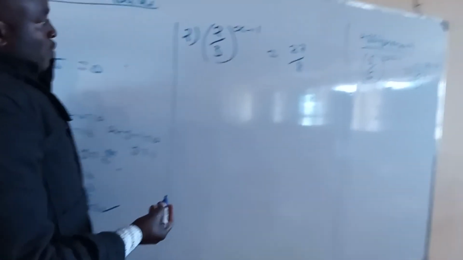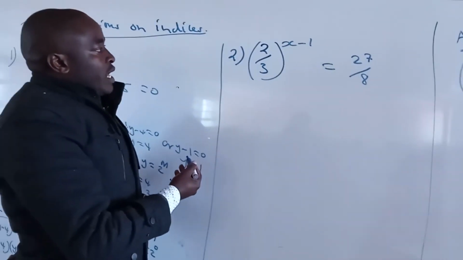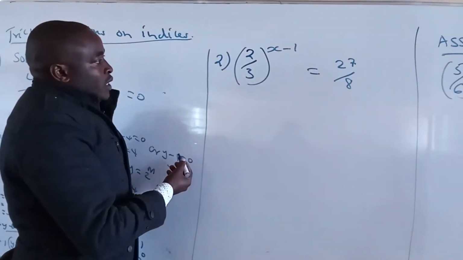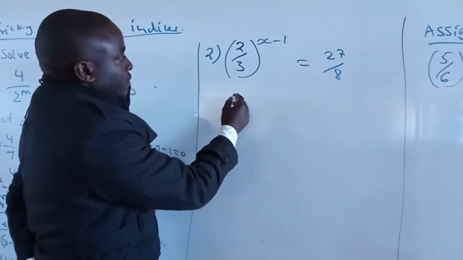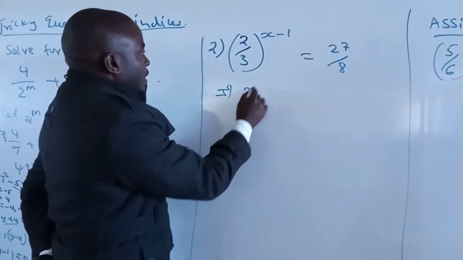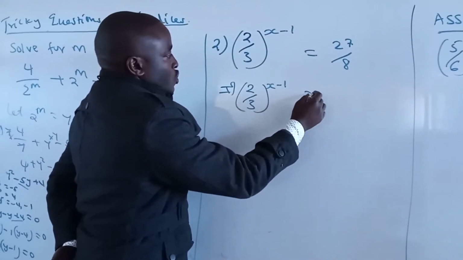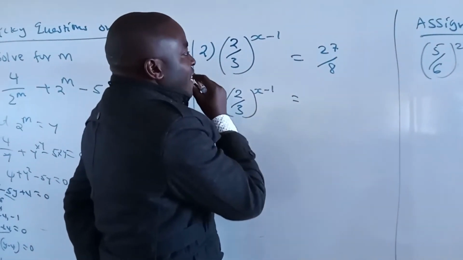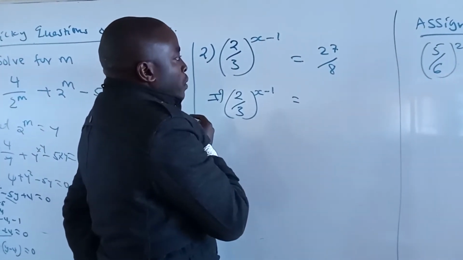This is question 2. This one looks so much scary if you're asked to find the value of x. What you do in this case, first of all, I can write this as 2 all over 3 power of x minus 1 equals, I can write this one, because I'm intending to have a 2 at the top.